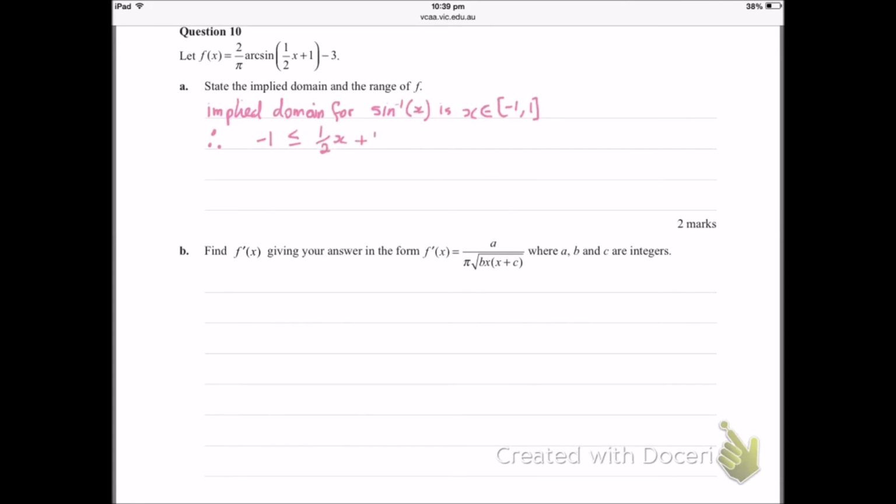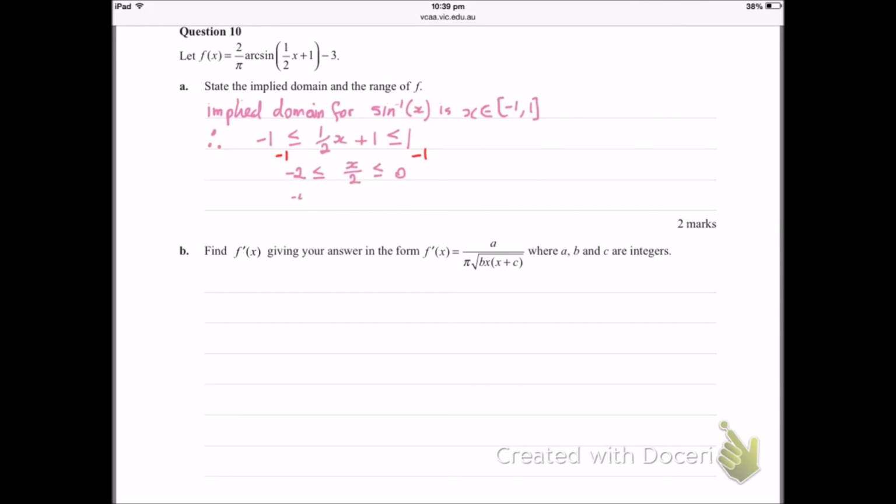So we set that up like so, and now let's solve this just for x. We've got half x plus 1, so I'm going to subtract 1 from both sides of the inequality to eliminate this part here. Next, I want to multiply by 2 on both sides to get x by itself.